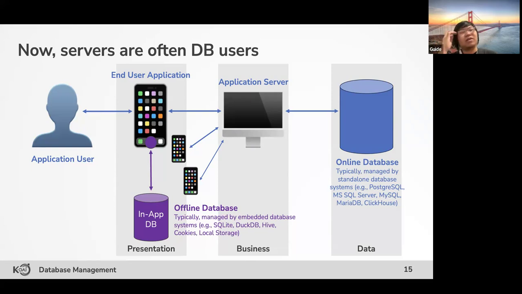But still, even though I told you that, it is possible that applications can have their own managed databases. For example, your mobile applications. When your mobile application is offline, you can still access some of the data, right? Because those data are stored on your mobile phone.